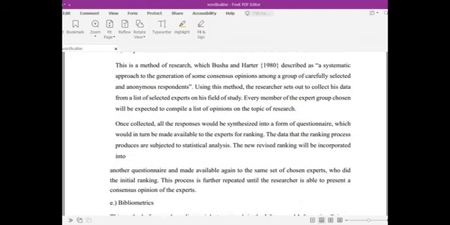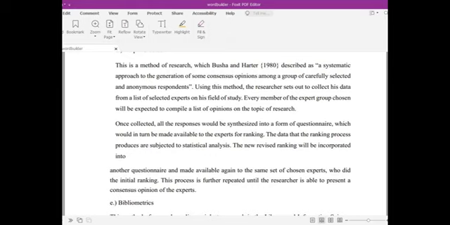He compiles everything. Once collected, all the responses would be synthesized into a form of questionnaire. You get opinions from different respondents, different experts, from so many of them, and then you synthesize it in the form of a questionnaire, which would in turn be made available to the experts for ranking.